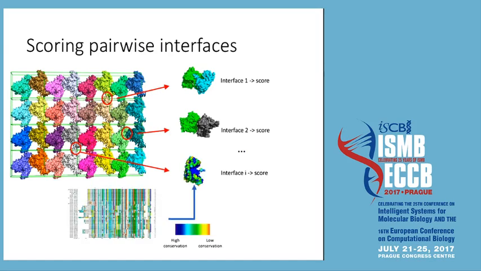We find multiple sequence alignments of sequence homologs that are evolutionarily close, something like 60% sequence identity to the target protein, and we map that conservation to the target protein. With that we can find a differential score for the conservation of the interface versus the rest of the protein.